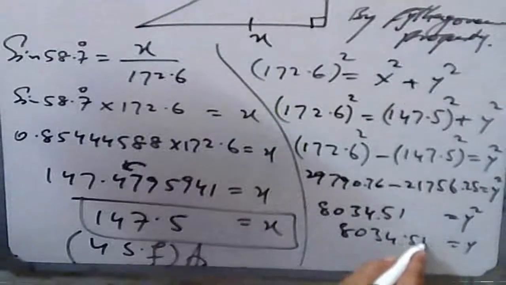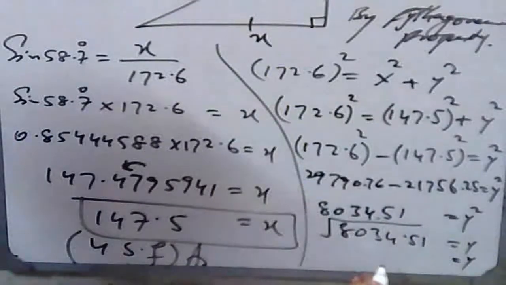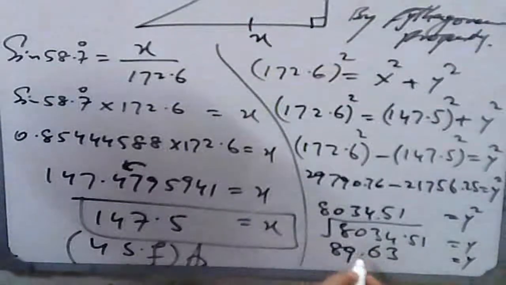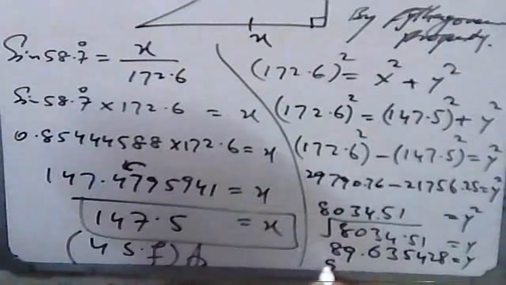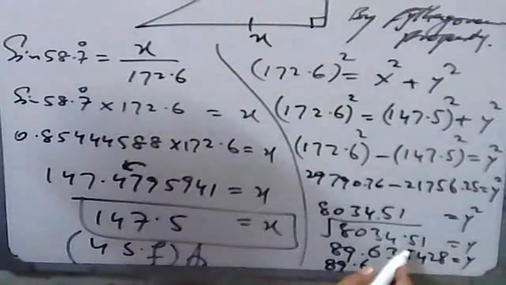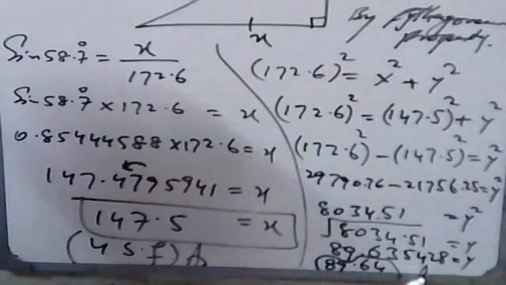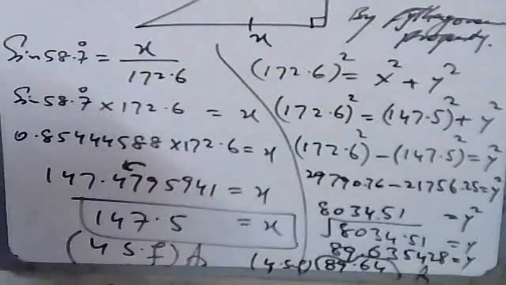You need the value of only y, so you can take the under root. So the value of y is equal to 89.63635428, but up to 4 SF, 89.6. Now it is 50% or greater, so it becomes 4. So that is your required result. Up to 4 SF is your required answer.